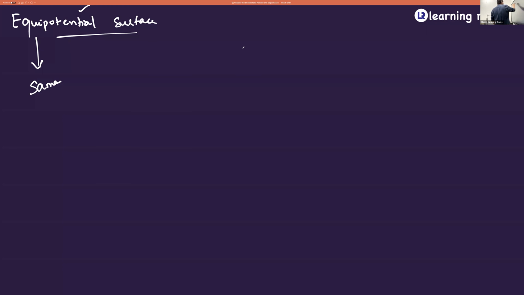So if you take a surface like this and you take some random points P1, P2, P3, and you calculate the potential due to a system at those points. If the potential of point 1 is equal to the potential of point 2 is equal to the potential of point 3, then this kind of a surface is said to be an equipotential surface.